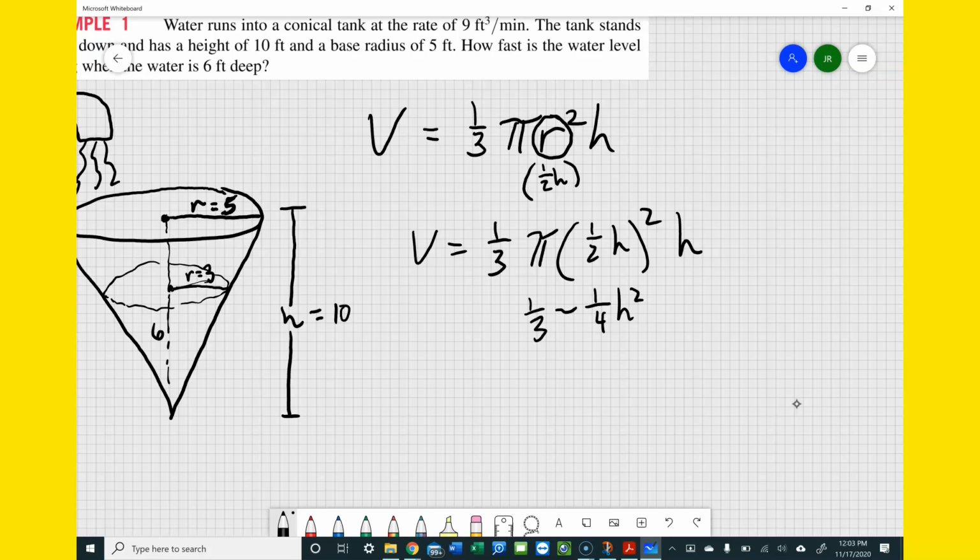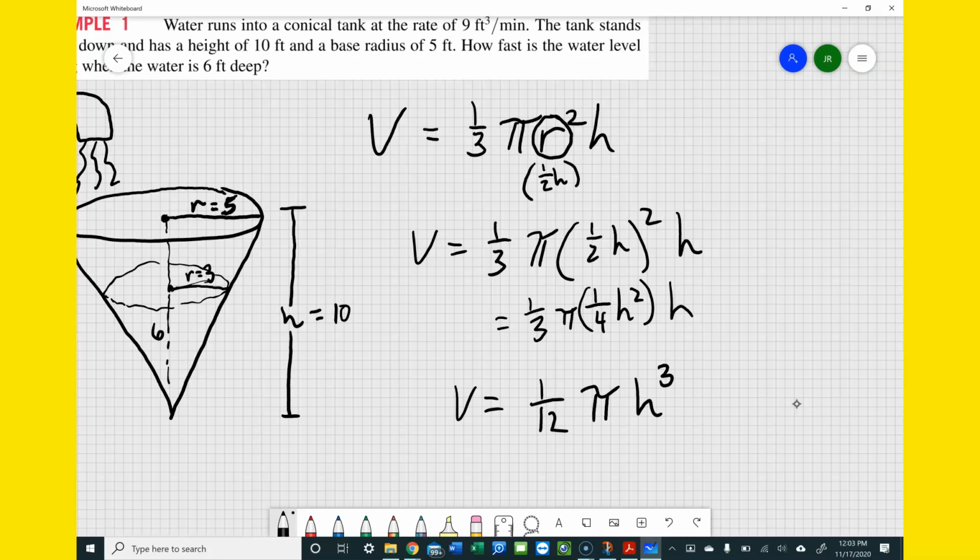So 1/3 times pi times that, which then becomes V equals 1/12 pi h cubed. So I multiplied the 1/3 with the 1/4 and got a 12th, and I still have the pi, and the h squared times the h became h cubed.